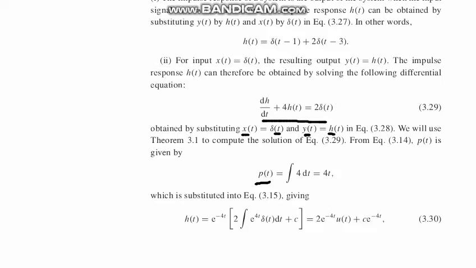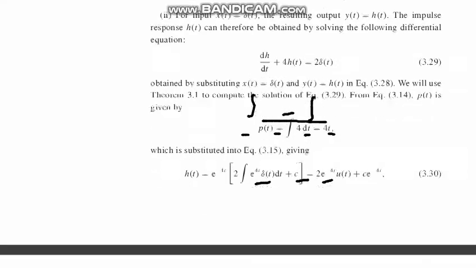First of all, integrating both sides. If you just integrate both sides, the h(t) 4 dt, if you integrate this, you will get 4t. If you substitute the value of p(t) into the certain equation, you find this.